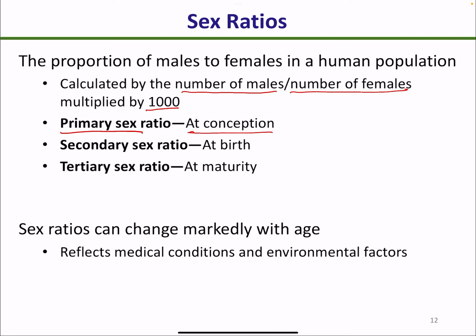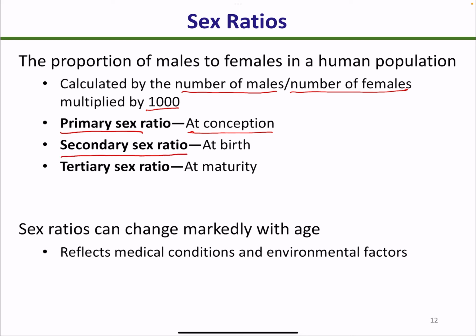What are the individuals at conception that are XX and XY? Okay? So that would be the simple question. And then the next type of ratio is going to be the secondary sex ratio.